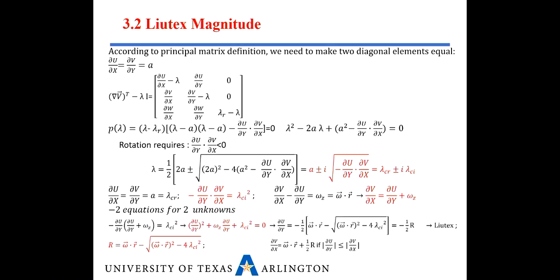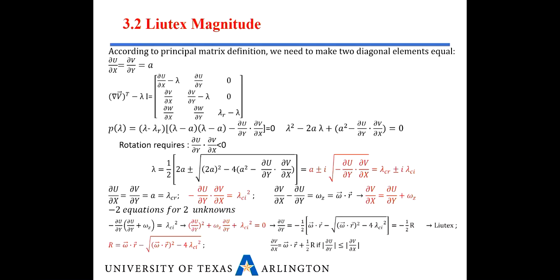Then this should be omega z. Then we get two equations, the red ones, and we can find the two unknowns. Omega z, we already know, that's the vorticity in the z direction. Then we can find partial u, partial y and partial v, partial x, the two unknowns.